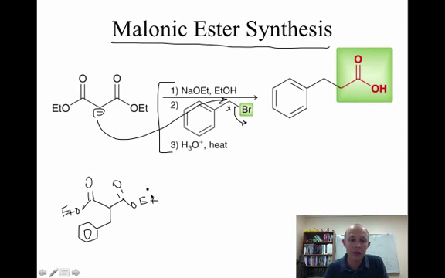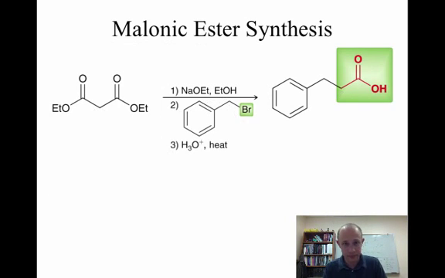So we get a carboxylic acid here, and we'll get a carboxylic acid here, but then we can get rid of one of these carboxylic acids through a process called decarboxylation. So the final product is going to have an OH here, and it's going to have 1, 2, 3 carbons, which are these 1, 2, 3 carbons, and we spit out carbon dioxide as a byproduct of the reaction, as I'll show you on the next slide.